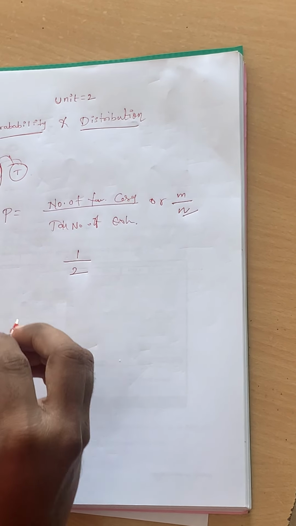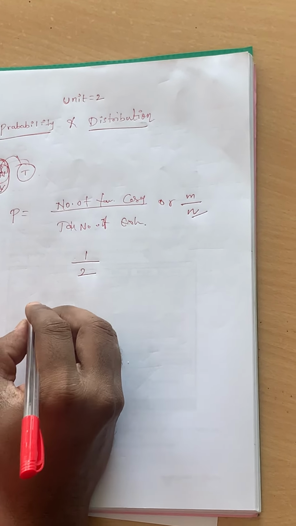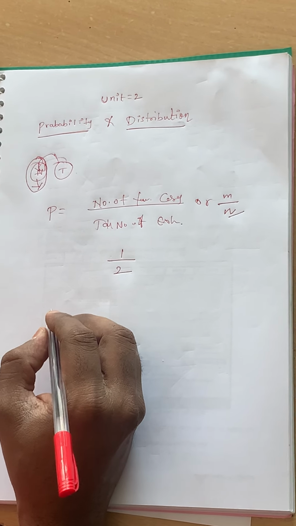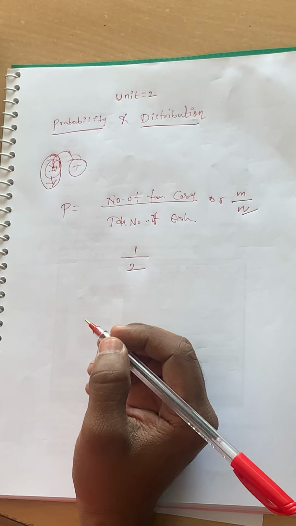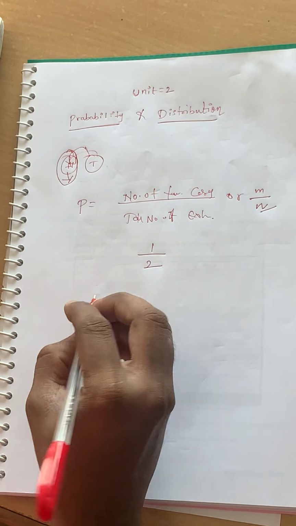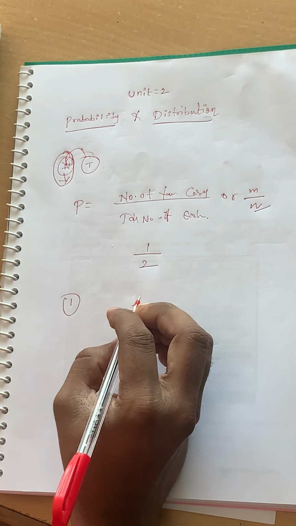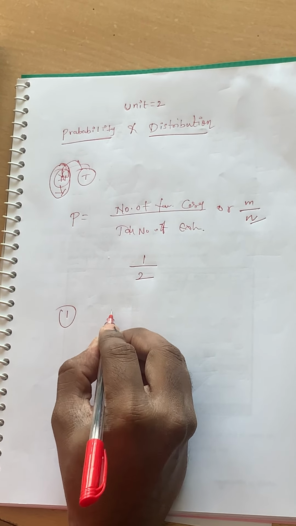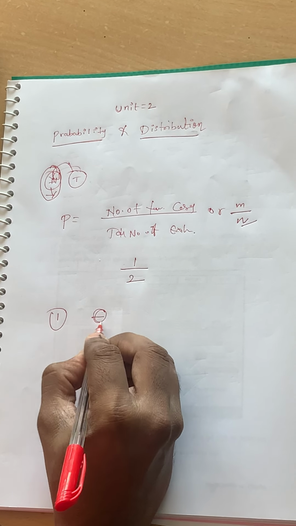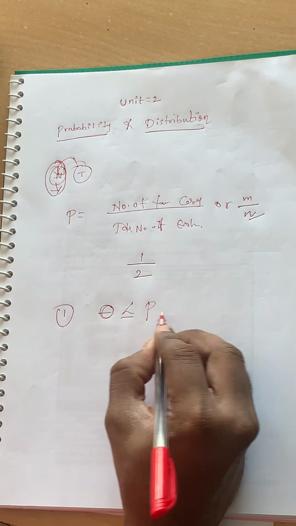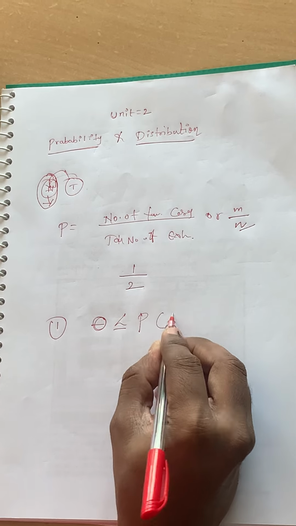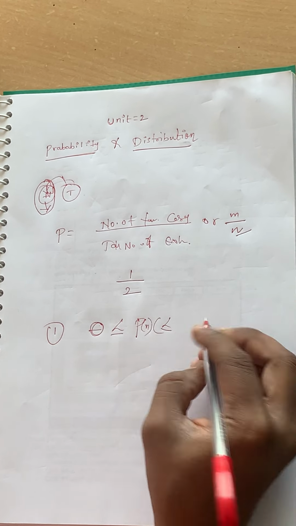See here the important concept of probability is we have 3 axioms of probability, very important for a short note. The first axiom: the probability values lie between 0 less than or equal to P(n) less than or equal to 1.